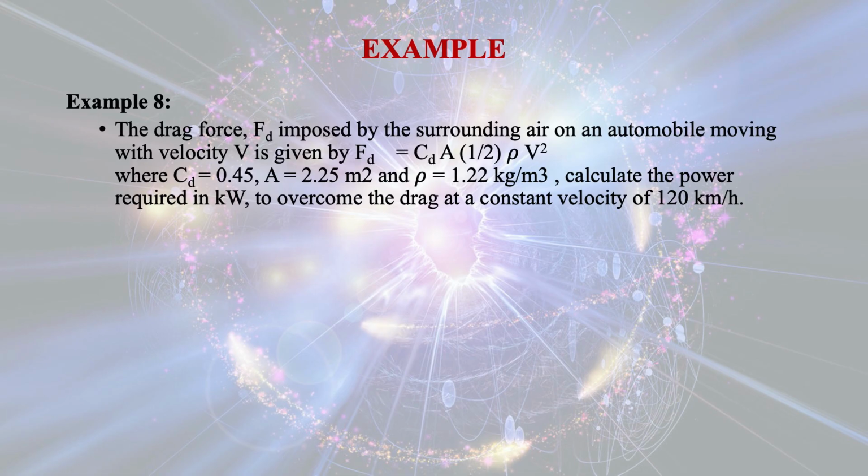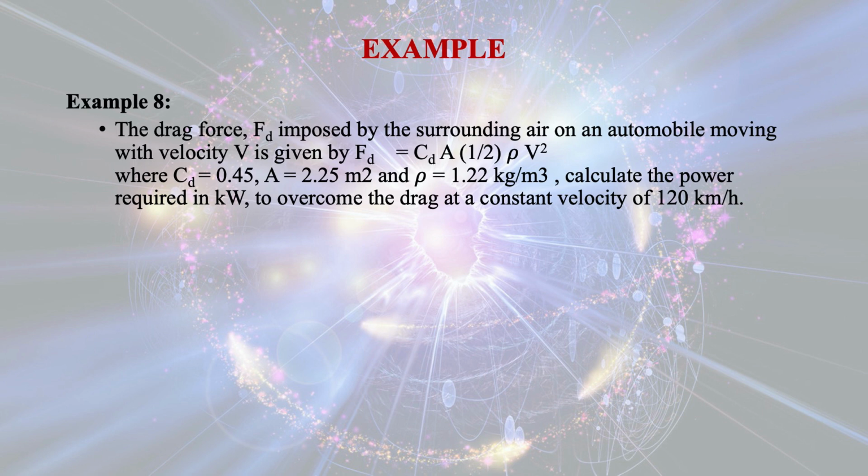Now for the next problem, that is example 8. The drag force Fd imposed by the surrounding air on an automobile moving with a velocity v is given by Fd equal to CD A half rho v square. Here CD is the drag coefficient, A is the projected area, rho is the density of the fluid, and v is the velocity of the fluid.